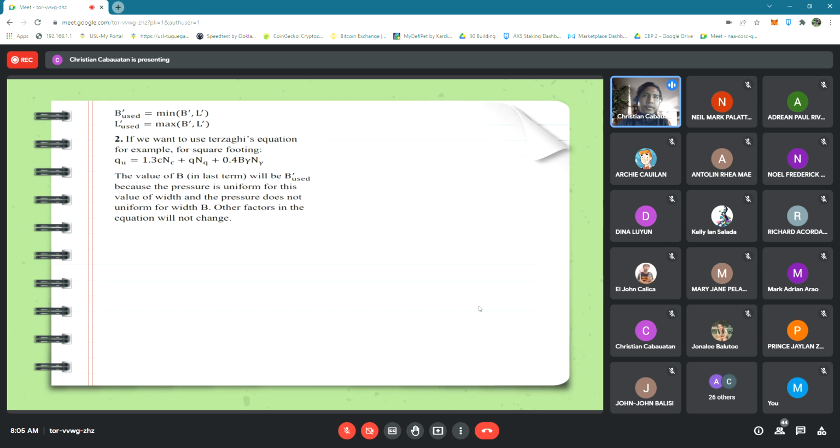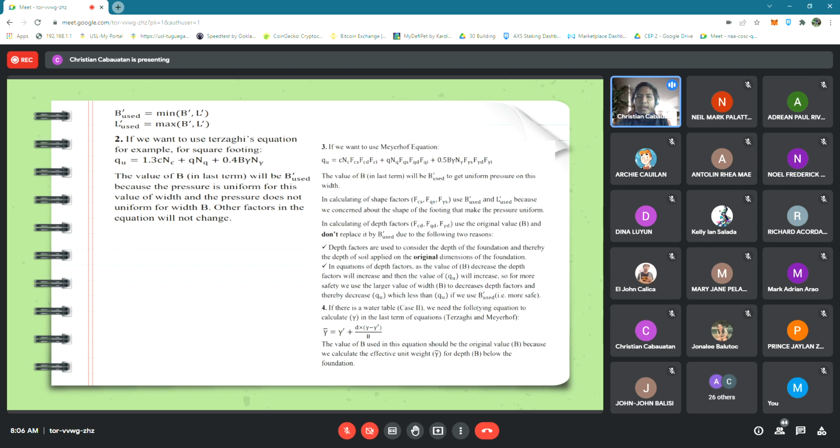This is if the axis is on the B direction. But if the axis is on the L direction, so si L ang ating gagamitin. So other factors in the equation will not change. The Nq, N gamma, Nc, the bearing capacity factors, hindi na yan mapapalitan.